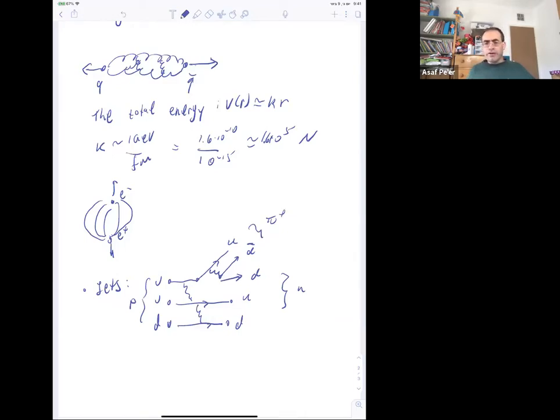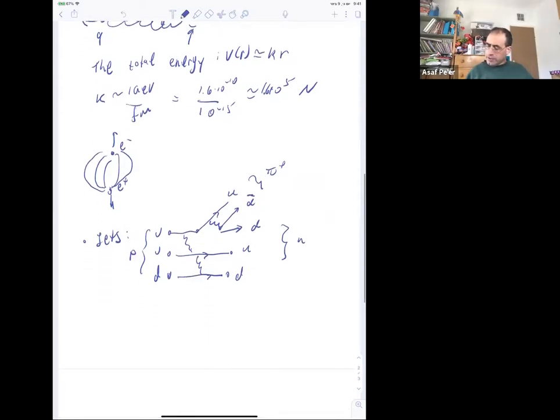And they will all be moving in the same direction as the initial quark. So the end result is that you end up with a jet made of semi-stable particles from the energetic quarks. Now, some of them, if they're not stable, will simply decay to other particles, and that's what you're going to see.